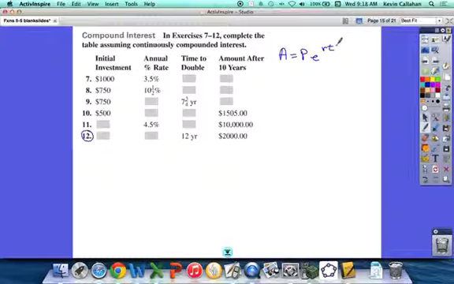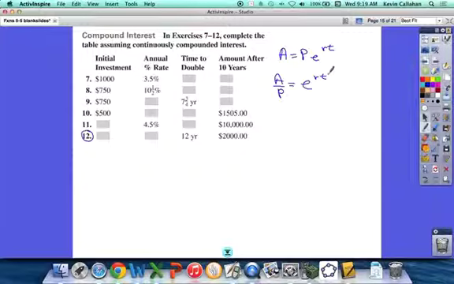But the time to double is a little bit different, because notice that if I divide both sides by P, if I make this A over P equals e to the RT, it doesn't matter what the initial investment was. If I doubled it, when I divide A by P, what do I get? 2, because I doubled it.